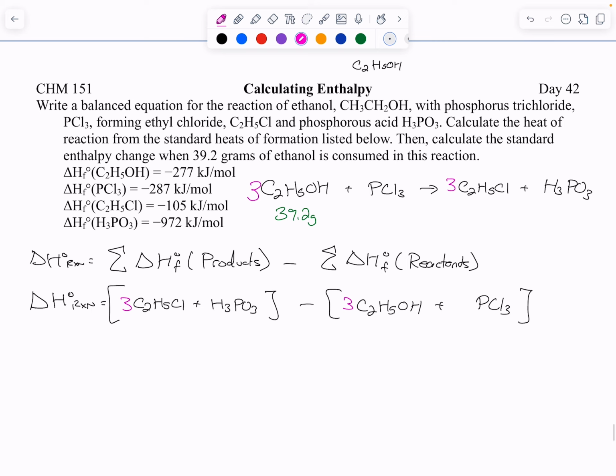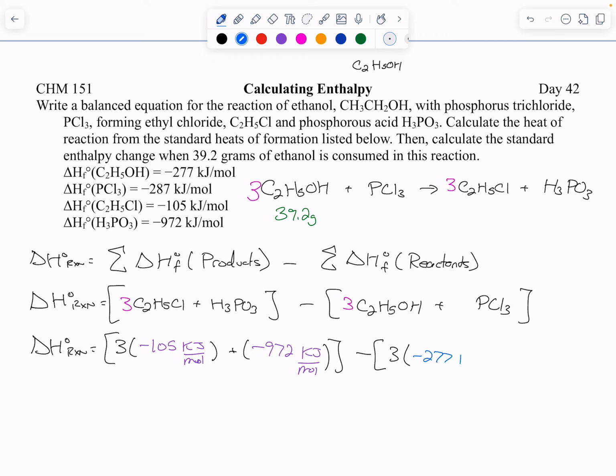All right, let's plug in some numbers, shall we? So delta H: we get 3 times ethyl chloride, which is negative 105 kilojoules per mole, plus H3PO3, which is negative 972 kilojoules per mole, minus 3 times ethanol, which looks like negative 277, and phosphorus trichloride would be negative 287.